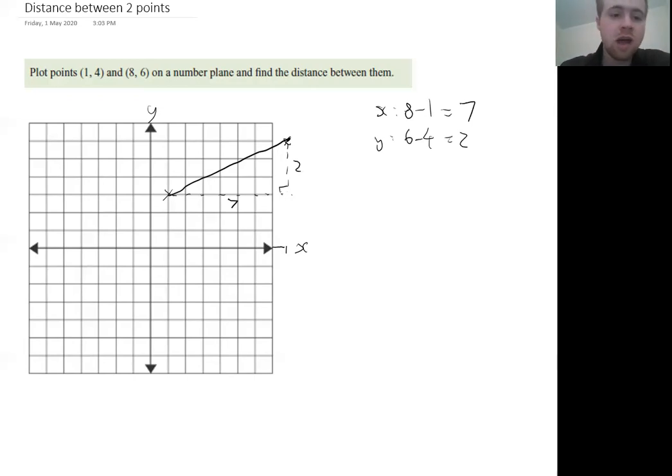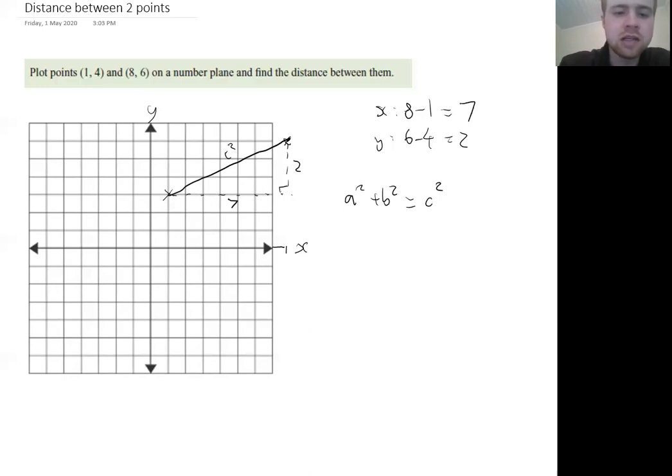Okay, so now that we have the horizontal component and the vertical component, we can use Pythagoras to find out our diagonal component, or the diagonal distance. So remember, our formula: a squared plus b squared equals c squared. C squared is always the hypotenuse, or the diagonal part.